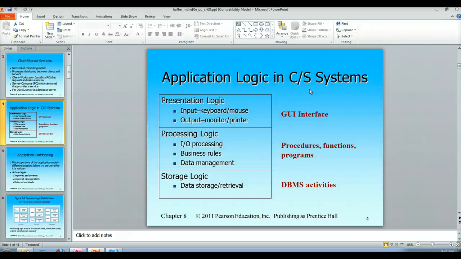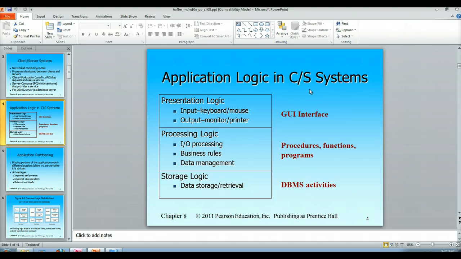We've got business rules. We talked about business rules in IT 117, so the processing logic is where those business rules are going to lie for the most part. We've got some data management going on. Data management could be procedures and functions, although you can have triggers fire on the front end.